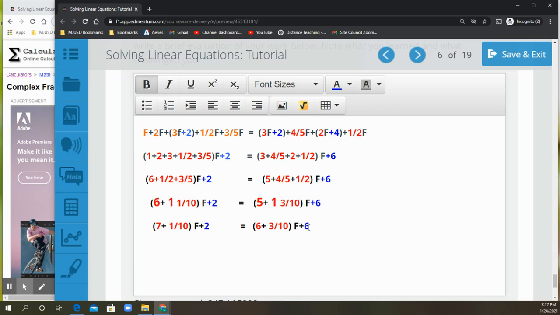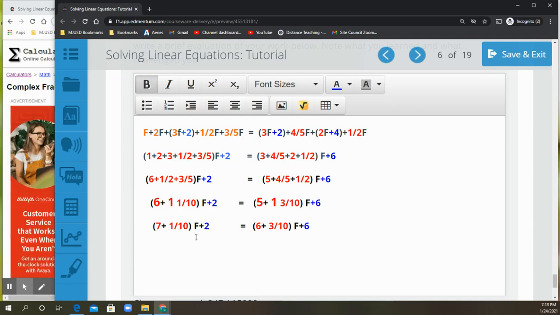So now our goal is to get the f's all together and on one side. In order to do that, I'm going to make this an improper fraction so that it matches this improper fraction, and it makes it a little bit easier to do the math in the next step.